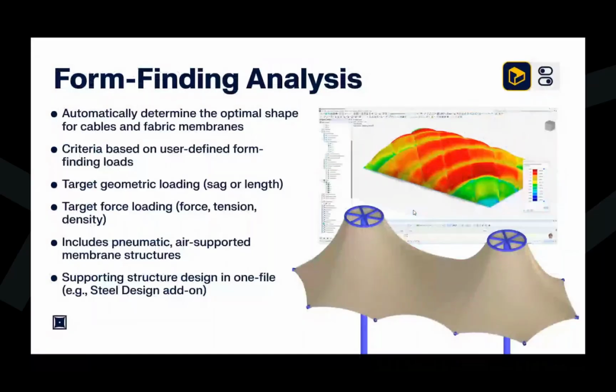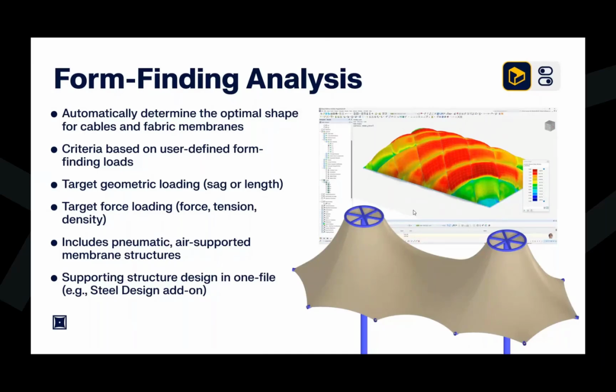Within RFEM, we have the ability to model a cable element as a completely straight member, or model a fabric membrane as a flat surface, as a standard surface. Once we input this form finding load, this pre-stress load, the program automatically calculates the best shape for us, this catenary shape. So we don't have to model this manually within RFEM.